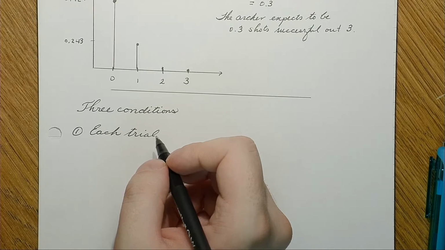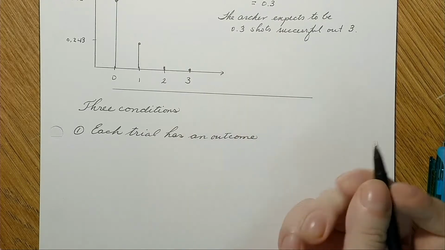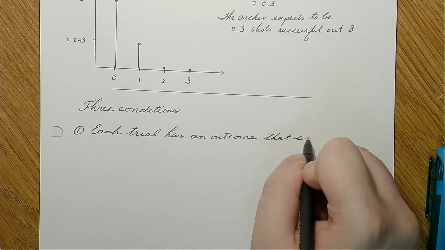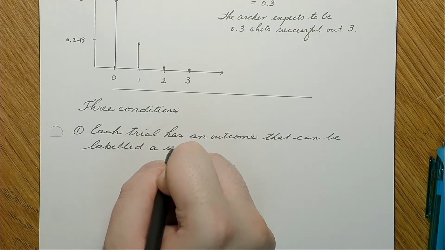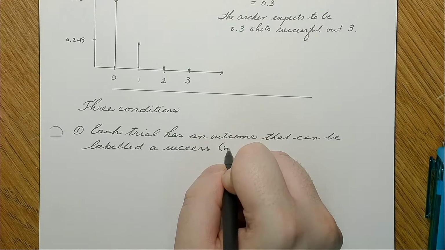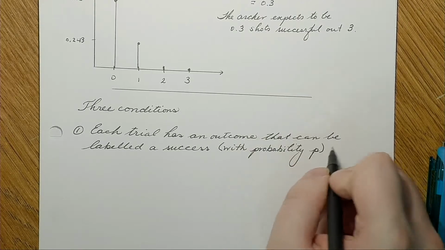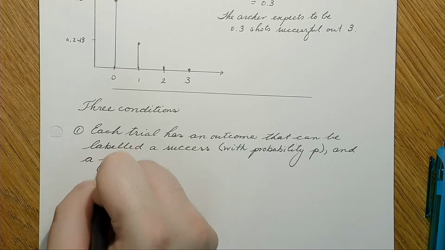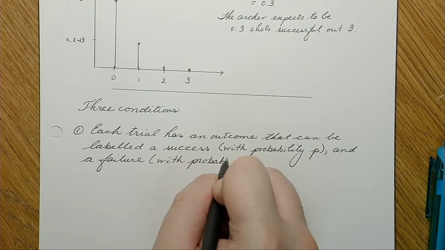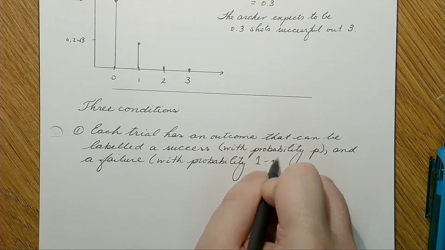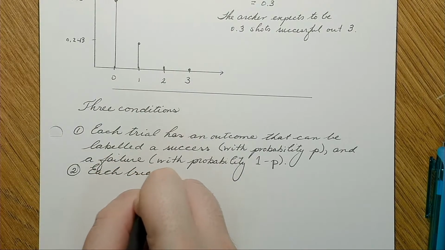Each trial, not necessarily a shot, has an outcome that can be labeled as success with probability P, and a failure, with the complement of the probability, which is 1 minus P. The second thing is that each trial is independent of each other.